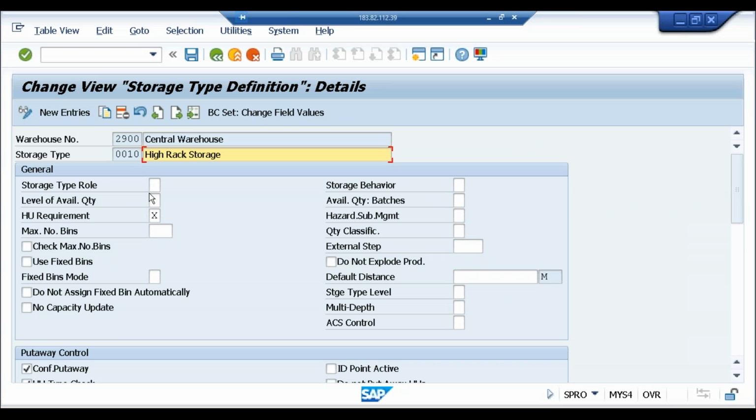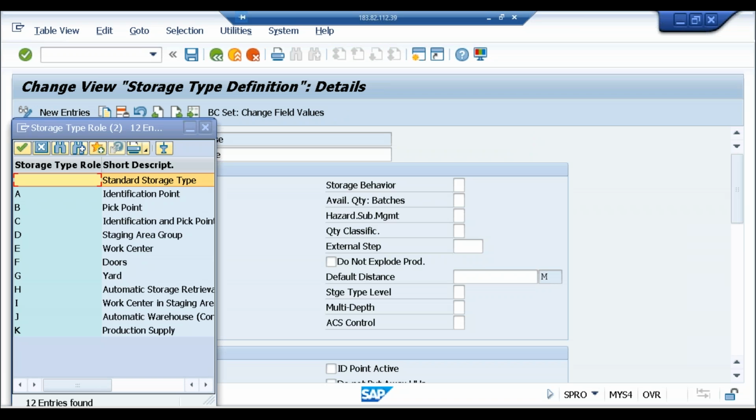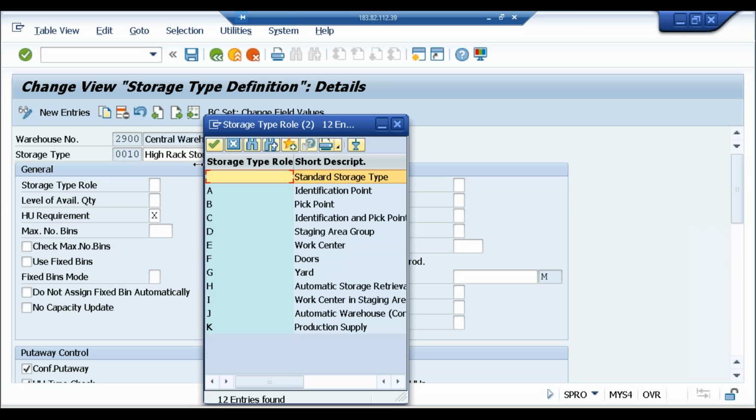A particular storage type will have a role, which I've shown you, and I've taken you through the complete process and flow, wherein we have the final bins, or the hierarchy where we will be storing the final parts. That is a standard storage type.